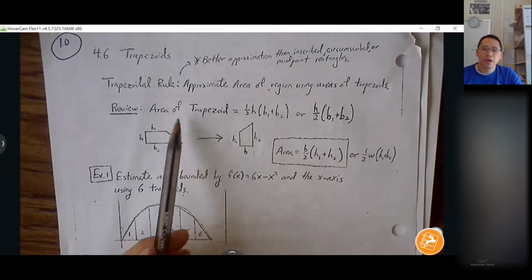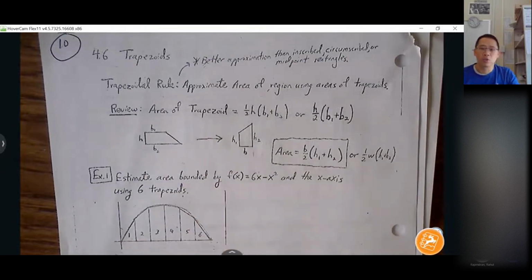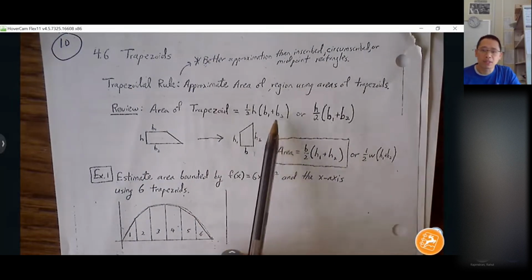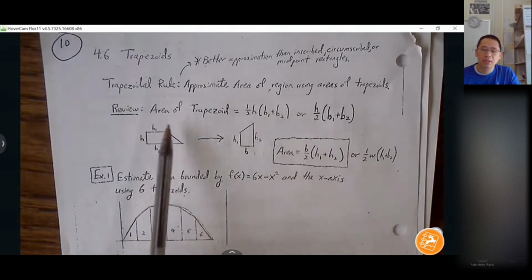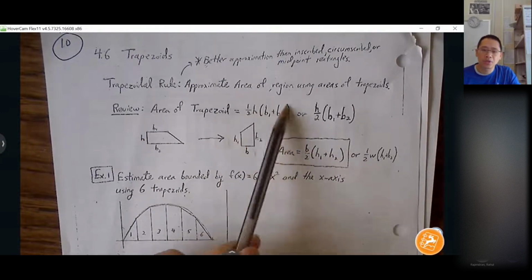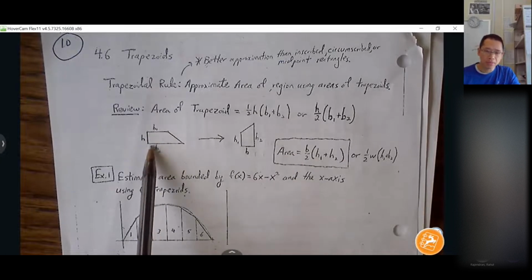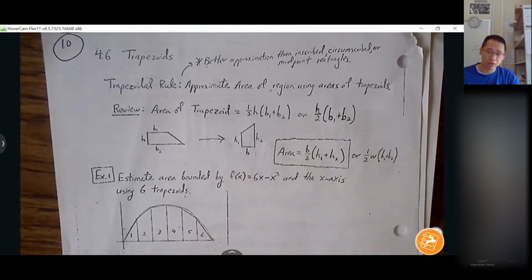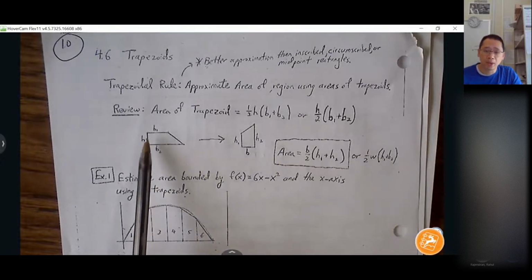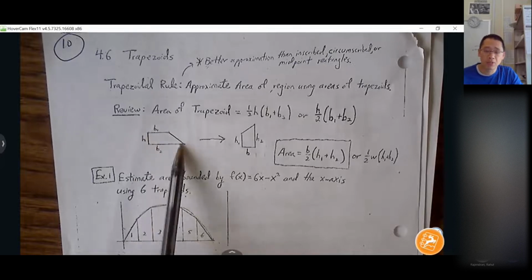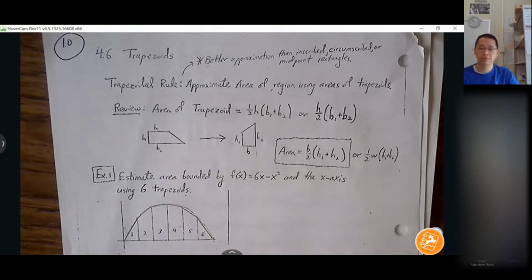As a review, area of a trapezoid is 1/2 height times base 1 plus base 2. I think typically this is the formula that you're used to seeing if you've seen it in the past. You've seen it where it's the horizontal bases that are parallel to each other. Okay, so that's where 1/2 height times base 1 plus base 2 is coming from.